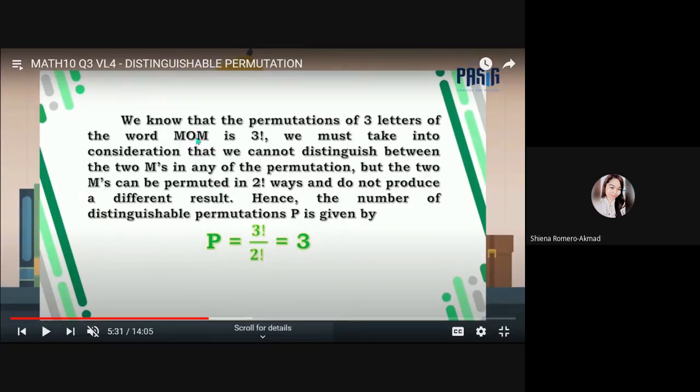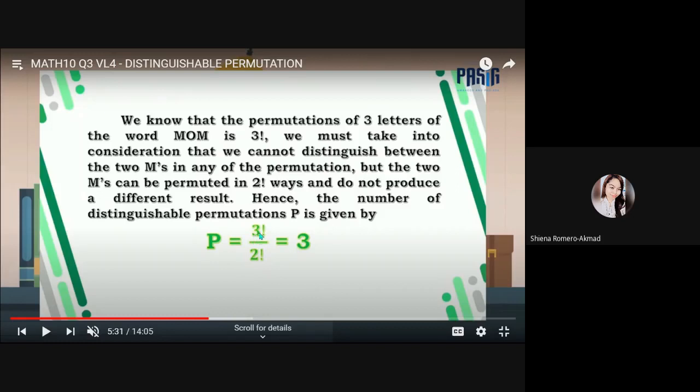Dito isa lang naman yung letter na pareho, pero dalawa sila. I mean, isang letter which is M, and ilan yung M natin dito? We have 2. So that's divided by 2 factorial. So ulitin ko, yung nasa numerator, it is the number of letters. Yung nasa baba, we divide it by the number of the same object.